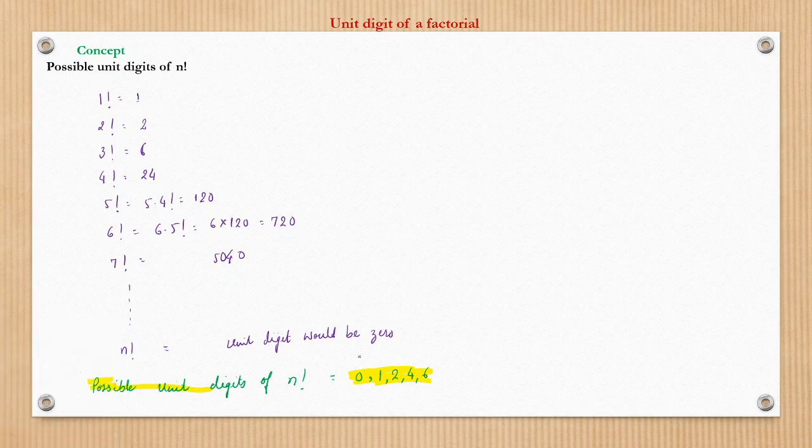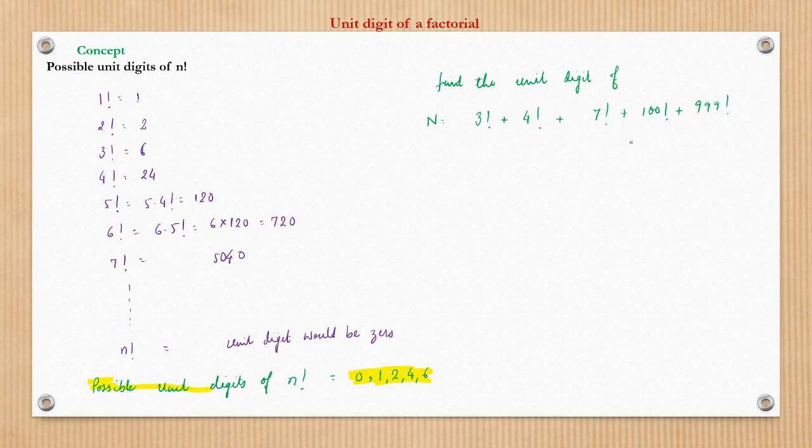Now let us solve some basic questions on this. If the question is to find the unit digit of, say, 3 factorial plus 4 factorial plus 7 factorial plus 100 factorial plus 999 factorial, call this number n.